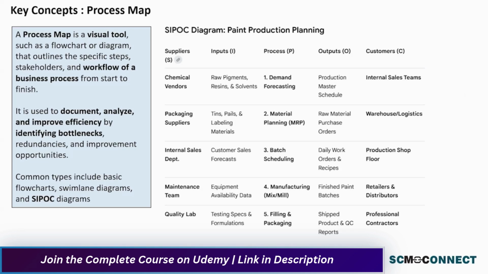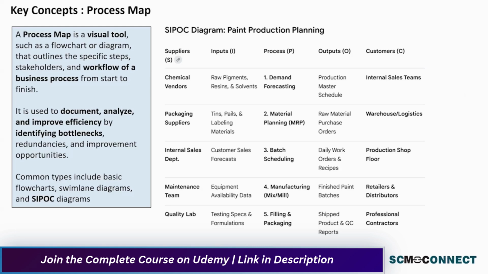So customers could be your internal sales team, it could be warehouses, it could be your production team, it could be your retailers and distributors, and it could be the applicators or the professional contractors who actually apply the paint. So similarly, there could be multiple suppliers giving you multiple inputs. They control the same process.